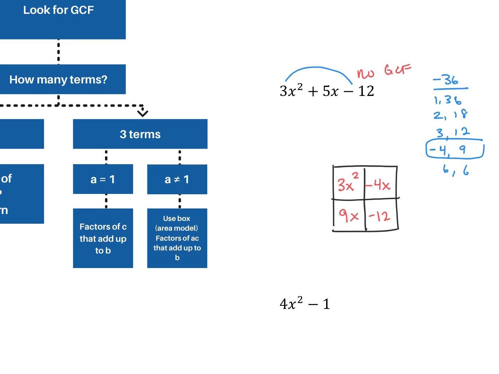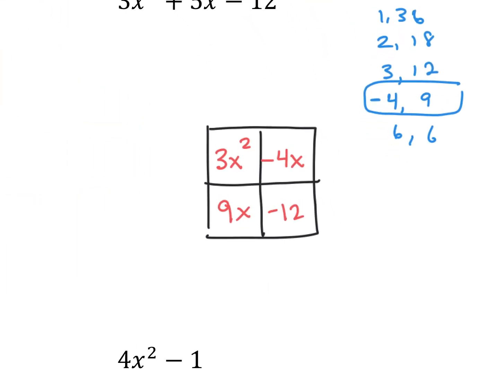Now, the way that factoring with a box works is we are just going to pull out a GCF from each row and each column, and that will create our binomial factors. So here we have 3x squared minus 4x. 3x squared is the leading term. When your leading term is positive, we're going to want a positive GCF here. But what's a GCF here?